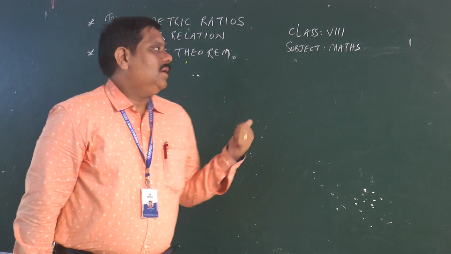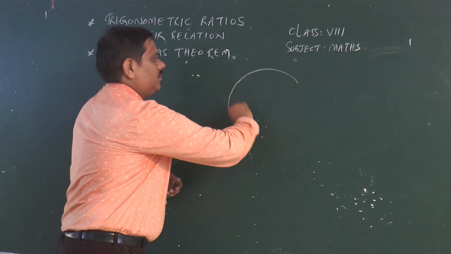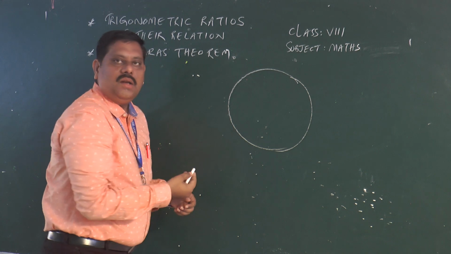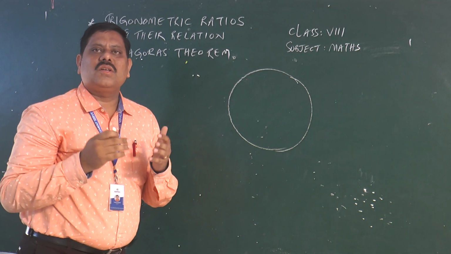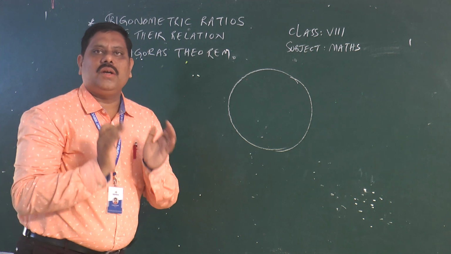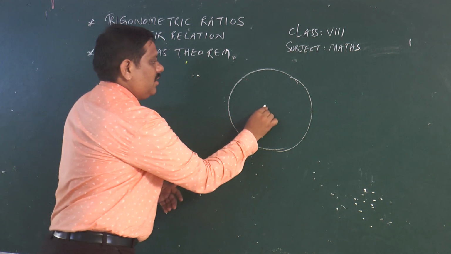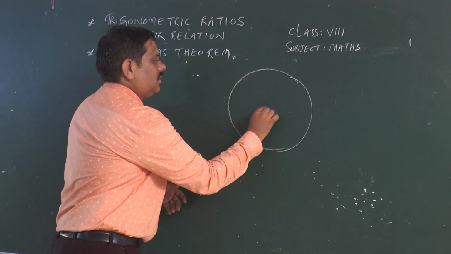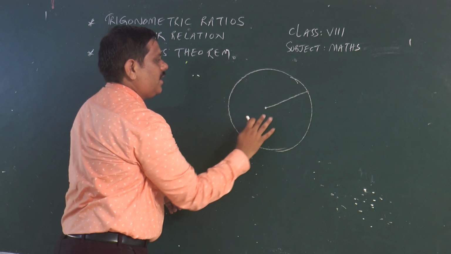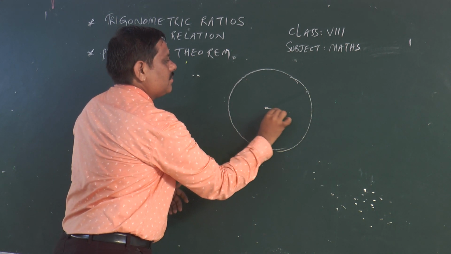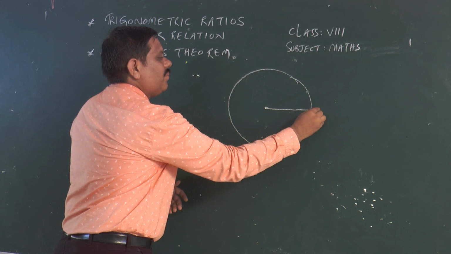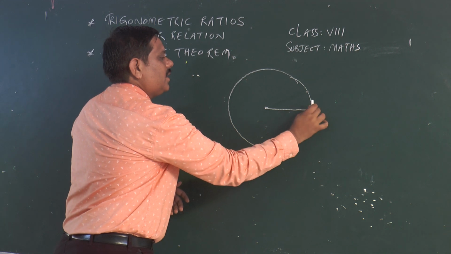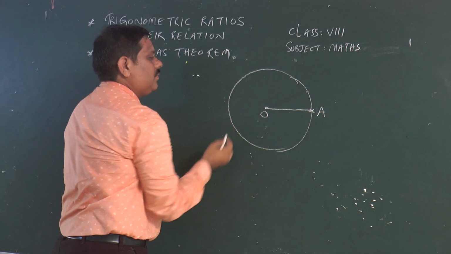Fine. If you take a unit circle, it is the one whose radius is 1 unit. It can be 1 meter or 1 centimeter or any 1 unit. If O is the center of the circle, it has a radius. Let me take it like this. Now it is a point A, OA.